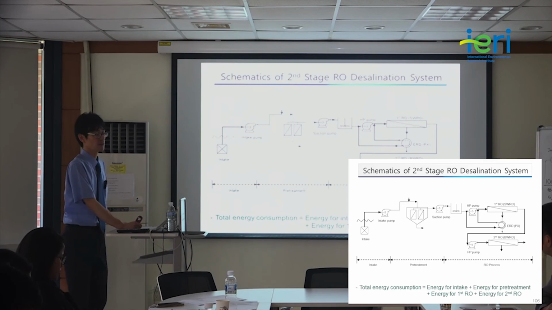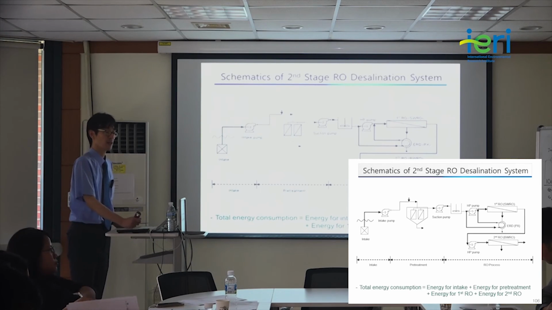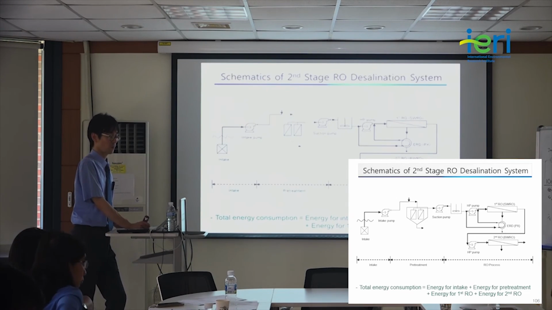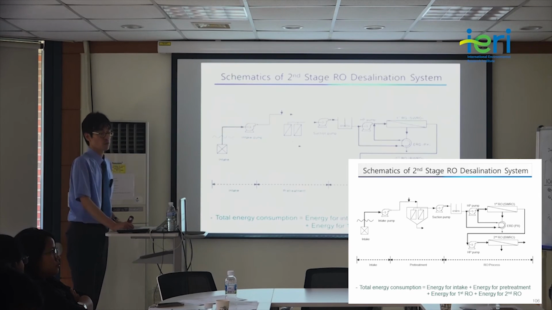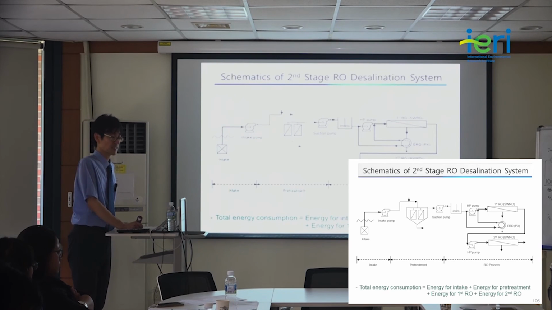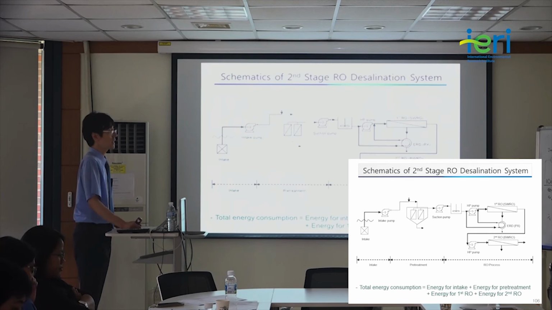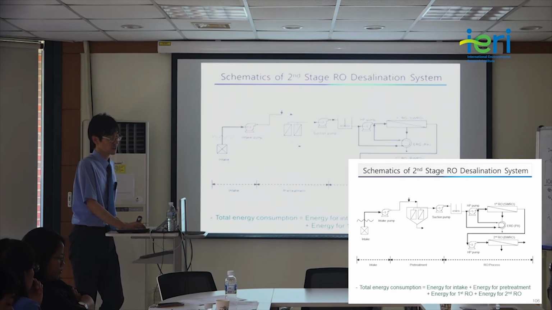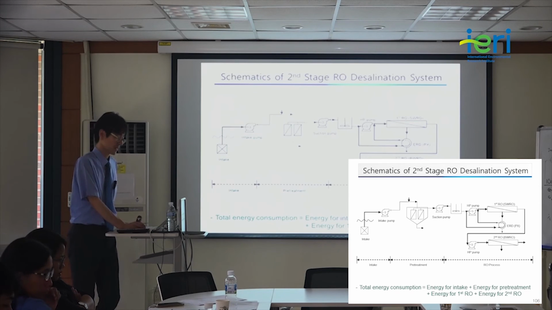And again, I want to show you how we can optimize energy consumption in connection with other operation targets. For example, we want to reduce the energy consumption, but we don't want to have low boron rejection in the plant. So there may be a condition where we can reduce the energy consumption and reduce the boron concentration in the final water at the same time.